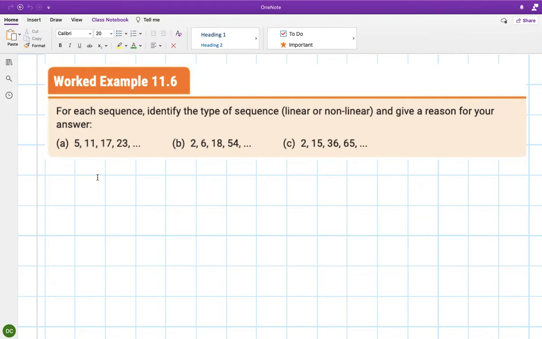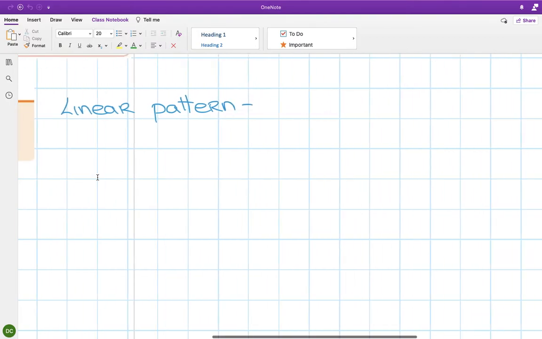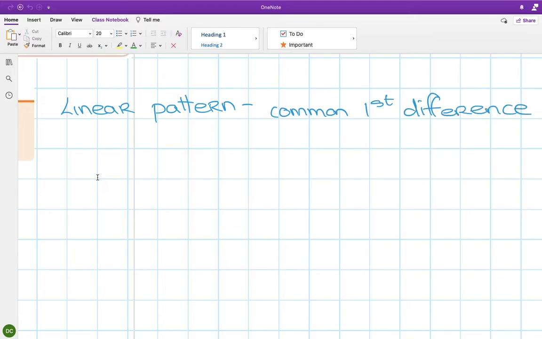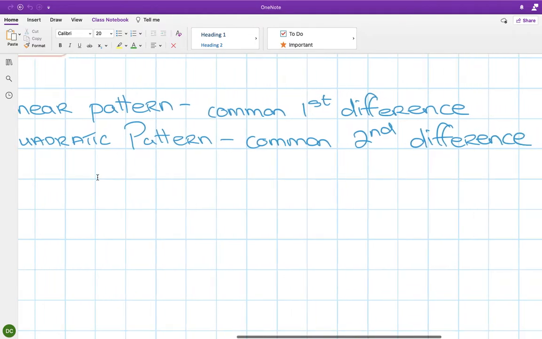We know the linear pattern, which has a common first difference, and now we know the quadratic pattern, which has a common second difference.